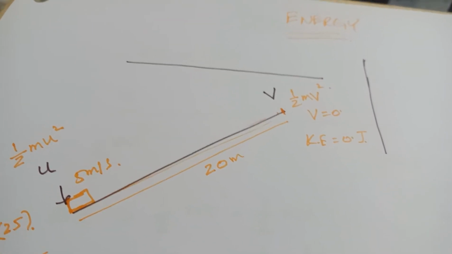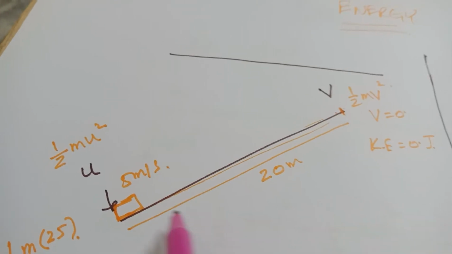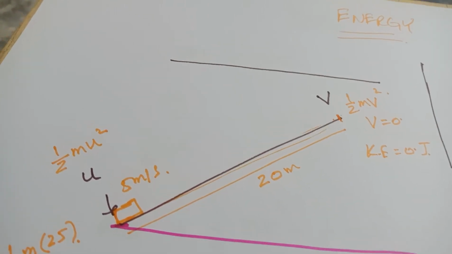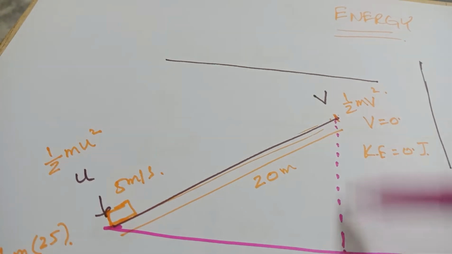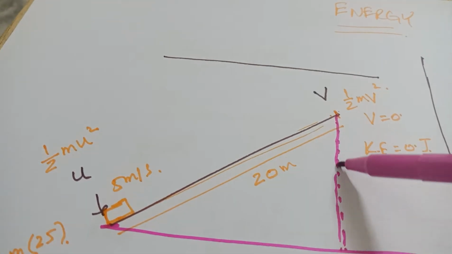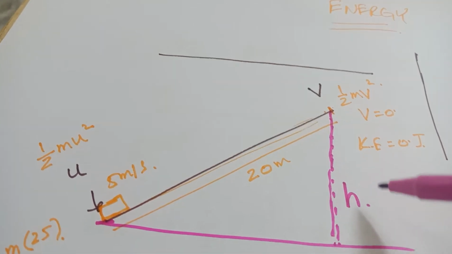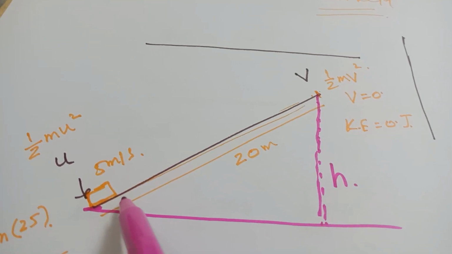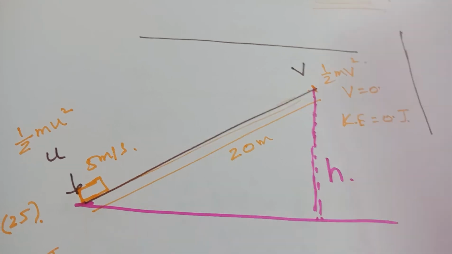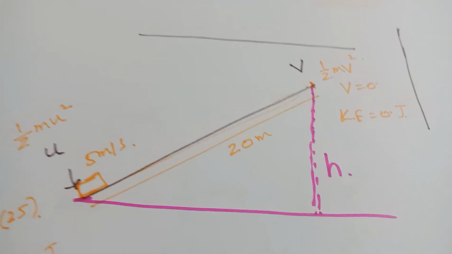Now if this is the ground level over here, and suppose we have to find how much this height is over here. Let me see if I can find this without using this angle, otherwise I'll just give you what this angle is.